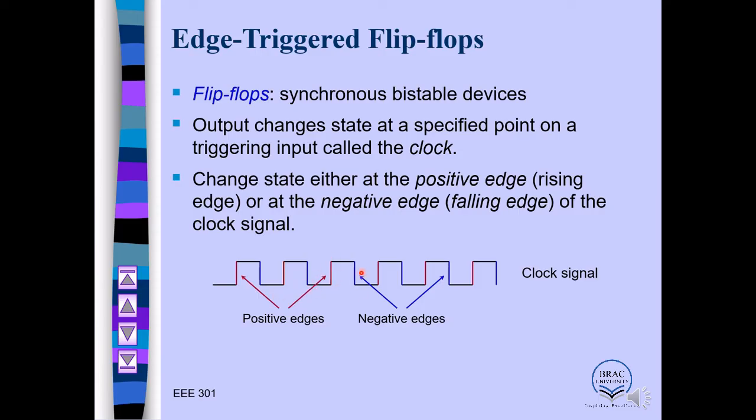But if you're going from high to low, this transition is called the negative edge. So whenever we have a clock, due to this positive edge or negative edge, our state will be changed in the flip-flop. So the previous problem can be solved in this flip-flop.